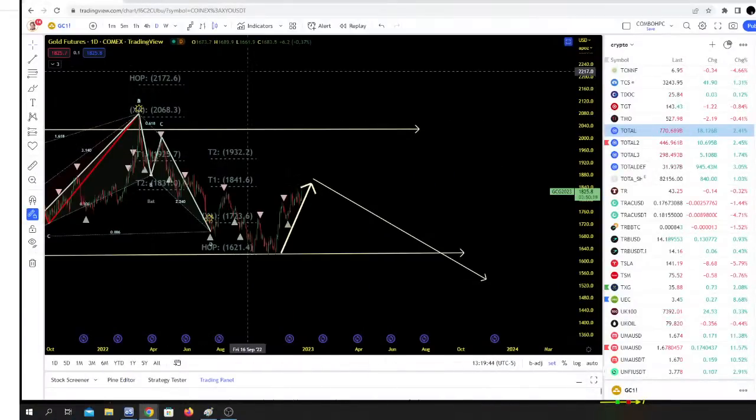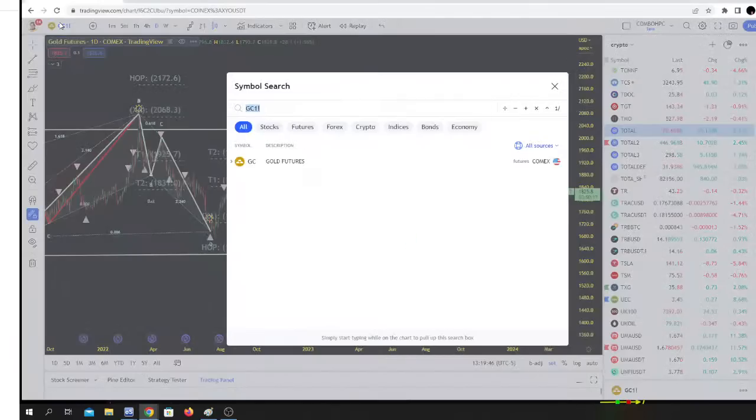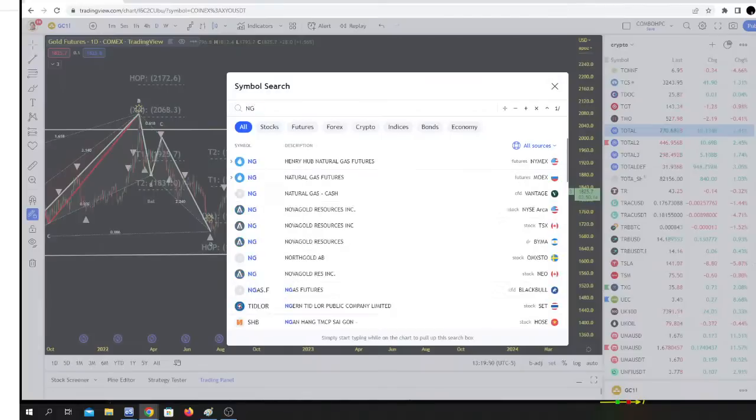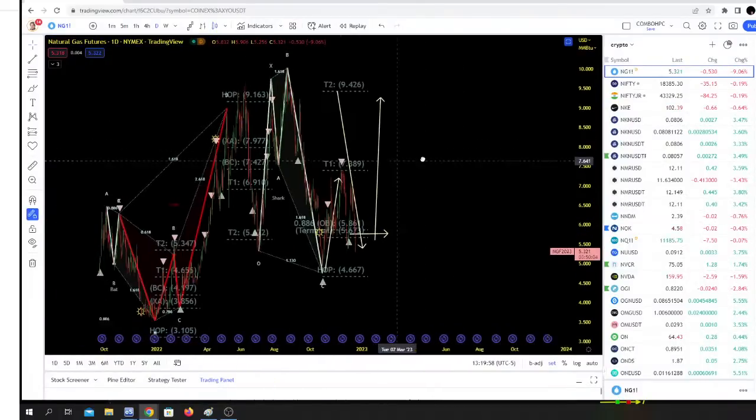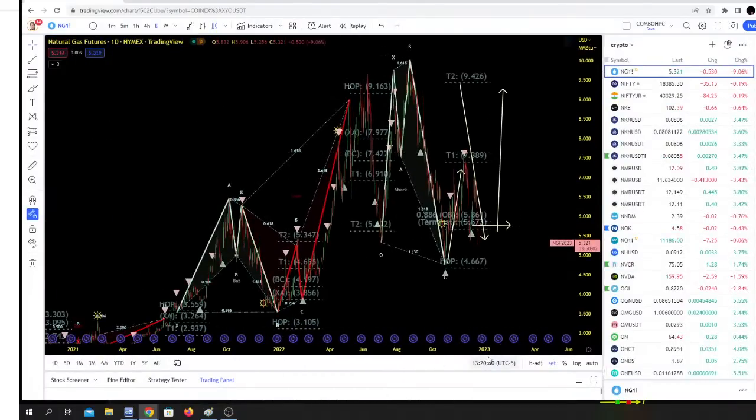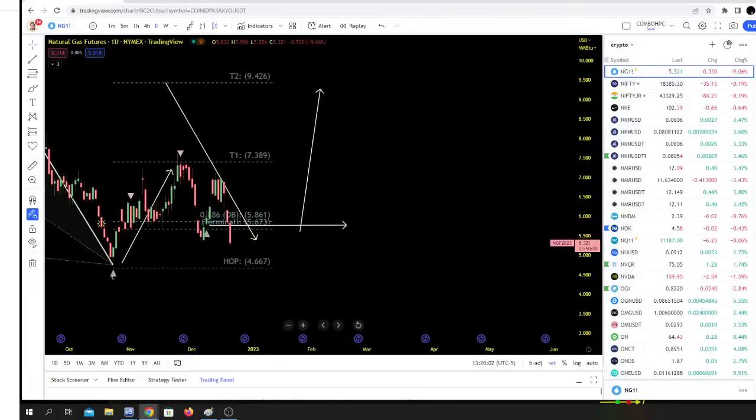A couple more. Let me bring up Nat Gas, because a lot of people are following that and should be, because I think Nat Gas is becoming as important as crude oil in the energy market. There's NG. Okay, here's the check back.